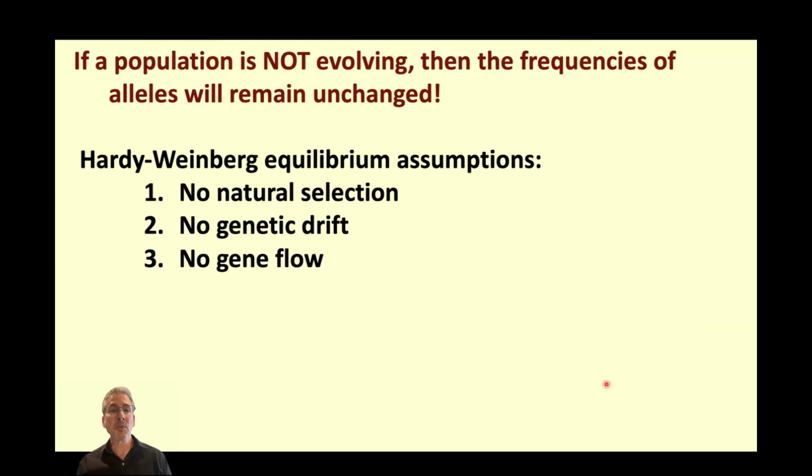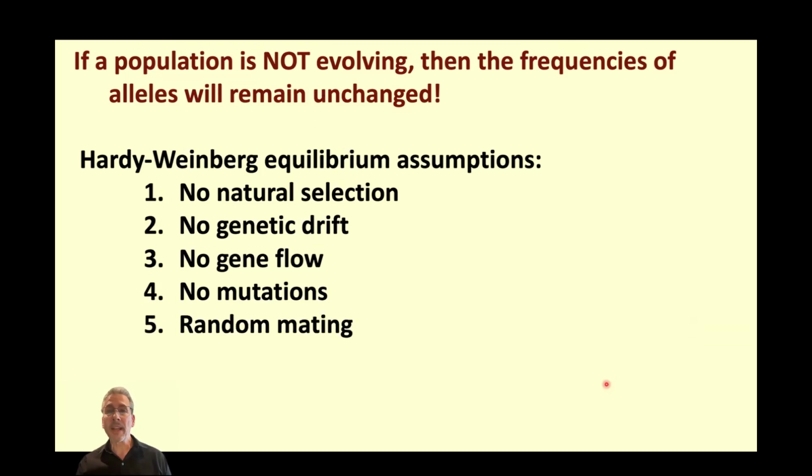You can also have no gene flow, meaning that gametes from your population have to remain in your population. You can't have mating with individuals from other populations. In addition, you can't have any mutations because, as we'll see, that's the ultimate source of new alleles in populations.